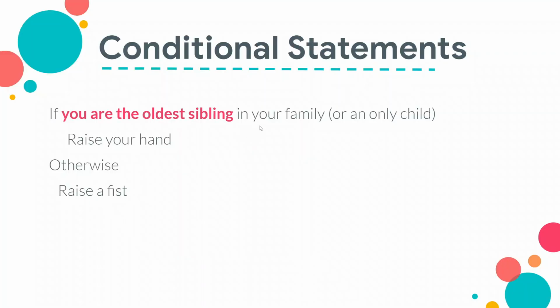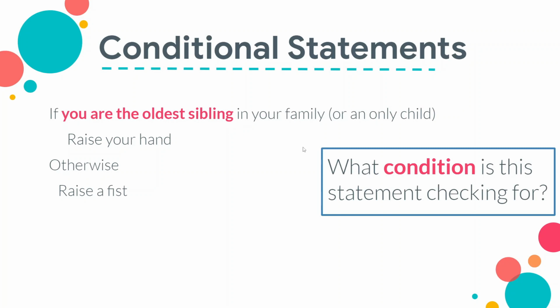Here we can ask another question: if you're the oldest sibling in your family, or you're an only child, which automatically makes you the oldest sibling, raise your hands. Otherwise, raise a fist. As you can tell, the conditions allow us to differentiate everybody into separate groups.